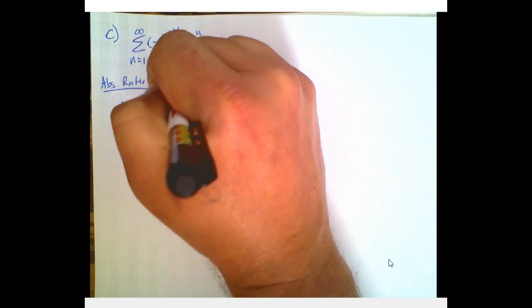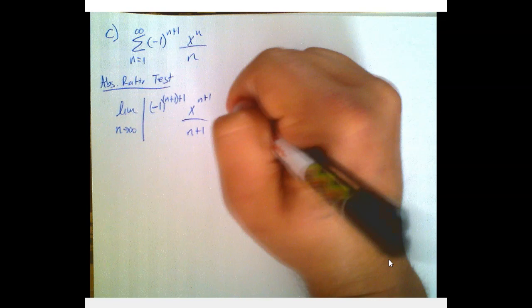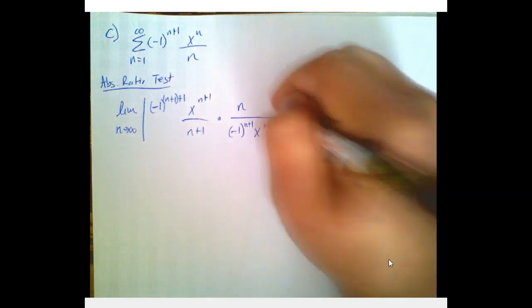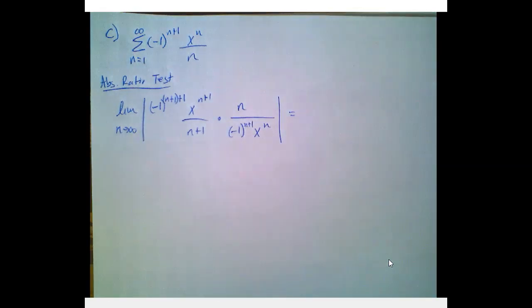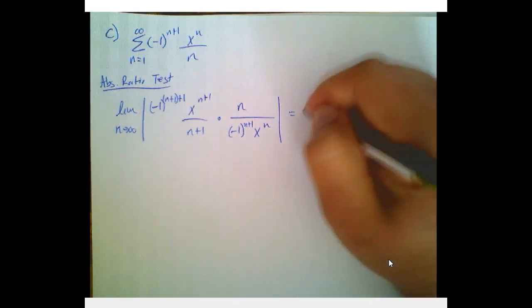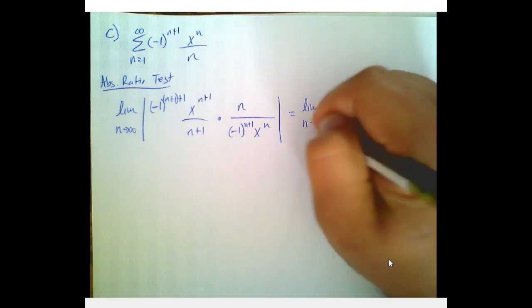Absolute value. The next term would be negative 1 to the n plus 1 plus 1, x to the n plus 1, over n plus 1, times the reciprocal of this guy, so n over negative 1 to the n plus 1, x to the n. So we have our limit.